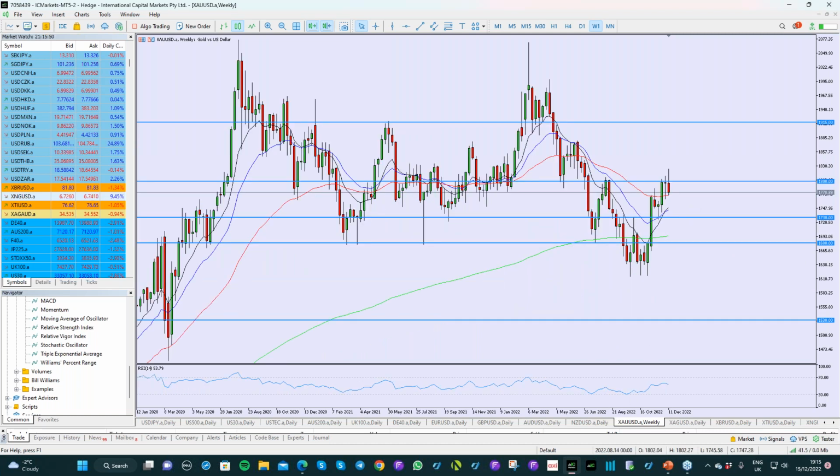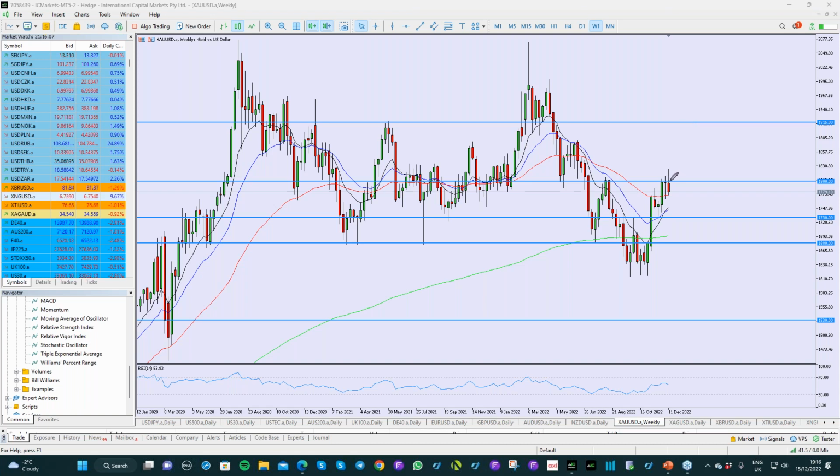And in terms of reward to risk, the next major horizontal level that is a potential sticking point for price would be this level up here at 1915, which is quite a way off.